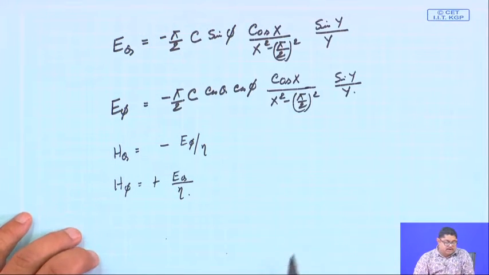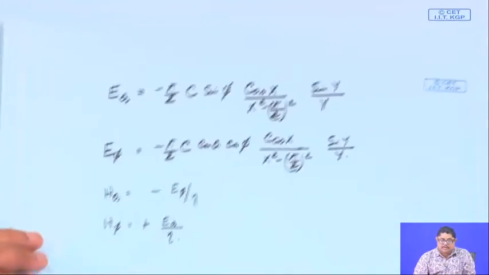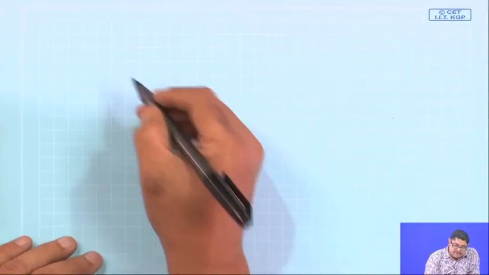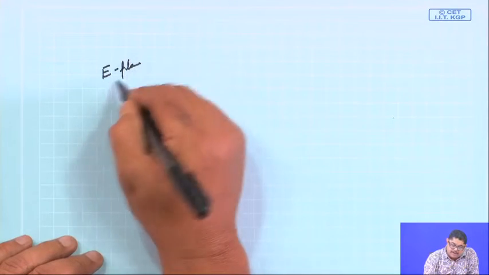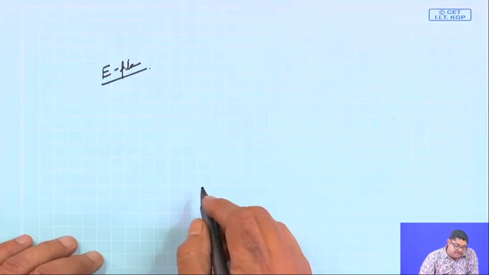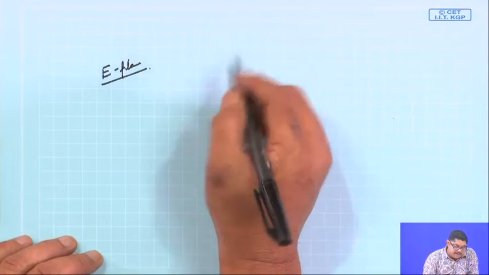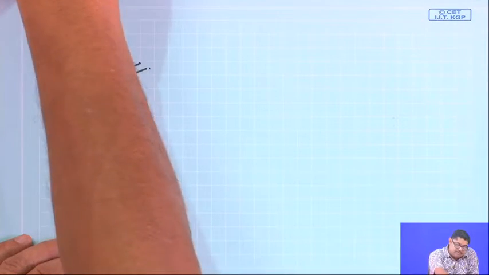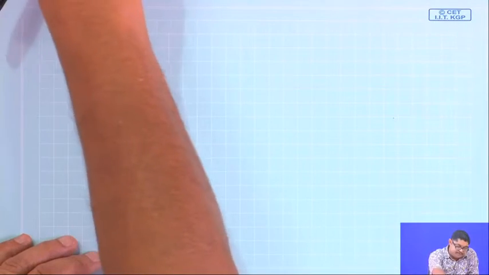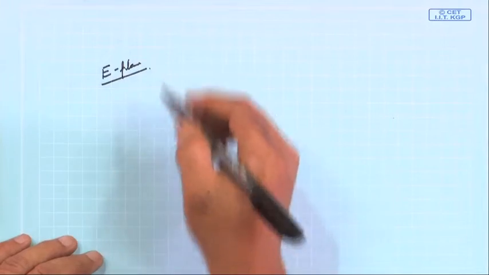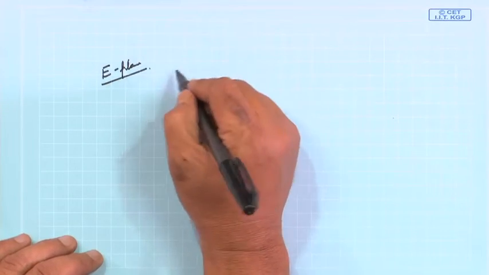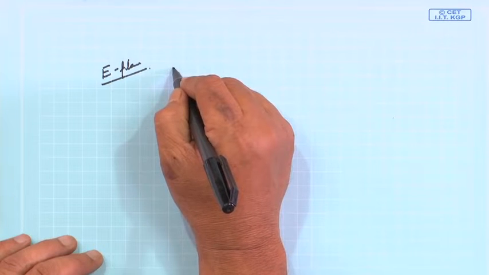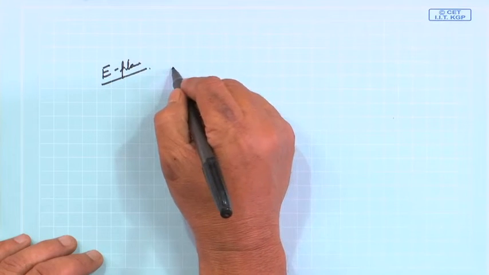Now, what will be your E plane pattern? You have that same thing, and in the E plane when y is equal to pi, we will get the null.